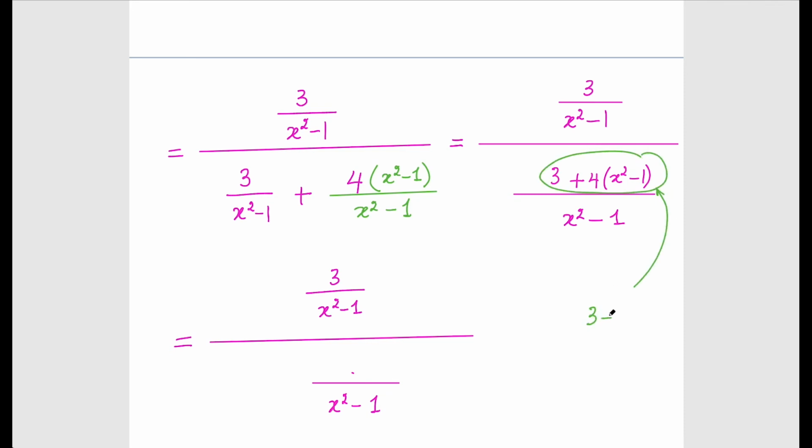This is 3 plus 4 times x squared. Let me erase the parentheses. So, 3 plus 4x squared minus 4, right? And this is 4x squared minus 1, because minus 4 plus 3 is minus 1, right? So who sits here then? This is 4x squared minus 1.